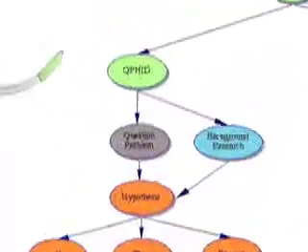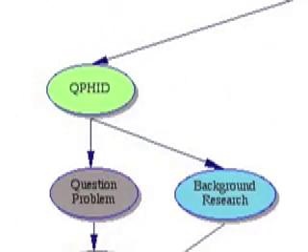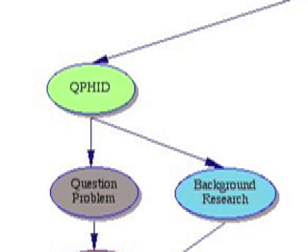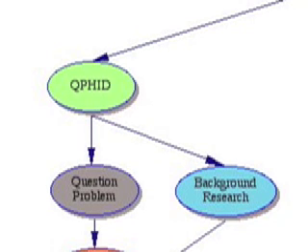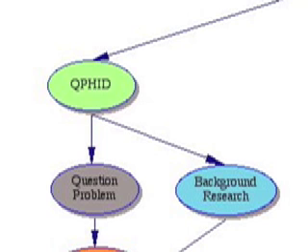Let's begin with the first part of CUFID, the question or the problem. Many times we run into questions or problems in our lives. For example, you may want to know which color of light will grow a plant the best. Oftentimes you can get help to figure out an answer to a question or problem by doing background research.